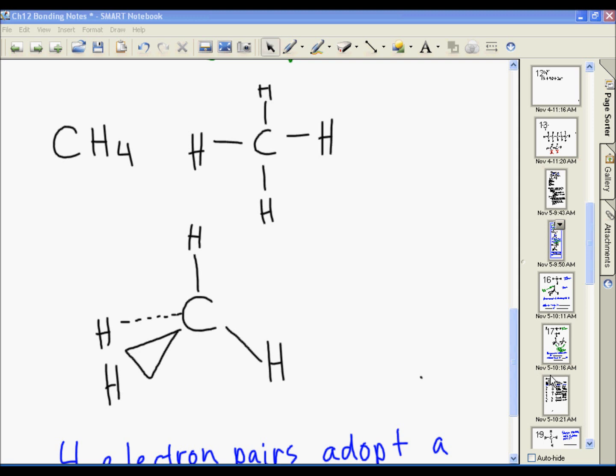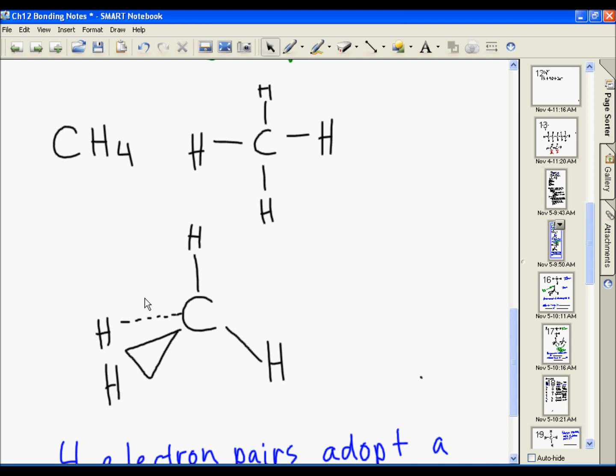So I'm holding the model now with 2 of the atoms and the bonds in the plane of the paper, aligned with the plane of the paper. And I'm holding the hydrogen that is behind the paper, and then there's another hydrogen coming out of the paper towards you. And the way that's drawn on paper is 2 solids, a wedge, and a dashed. The solids are in the plane of the paper, the wedge is coming out towards you, the dashed is going away from you.